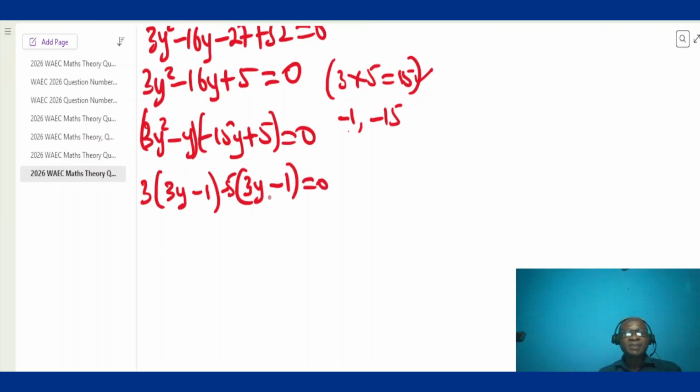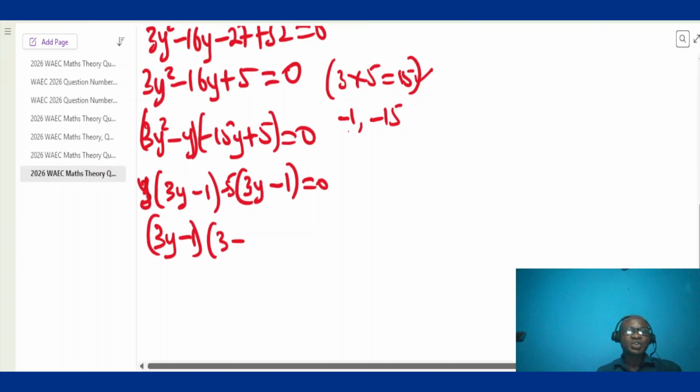Since the brackets are the same, I take one of the brackets, which is 3y minus 1. Then I take the ones outside the bracket. What is common is actually y. If I bring y outside here, I have left 3y minus 1, so it's correct. It is not 3 that is common, it is letter y. This place can now be y outside, then minus 5.